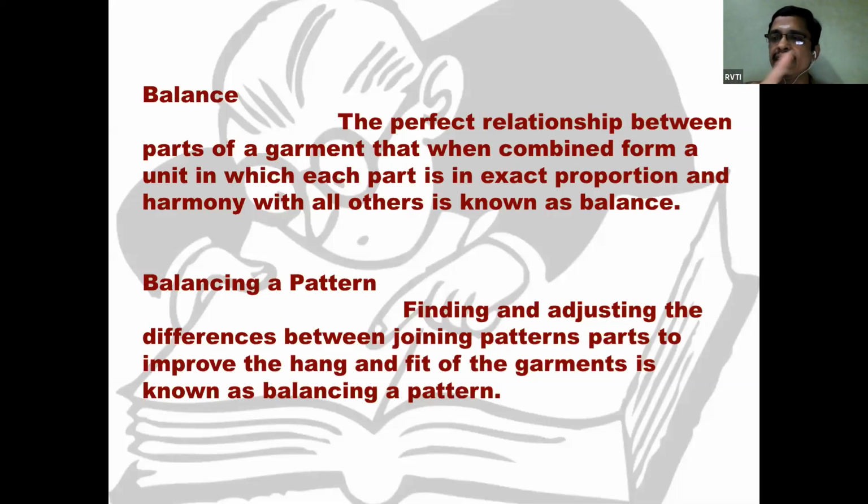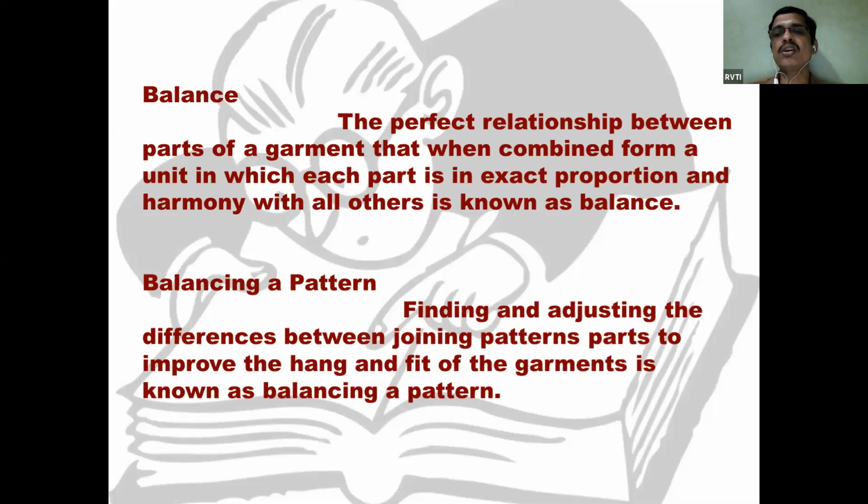The collar pattern curve should be in equal proportion, similar to the neck curve. If it is a flat collar, it should be properly matched. If it is a straight collar, a roll collar, we have to follow some proportion. Okay. That is called balance.